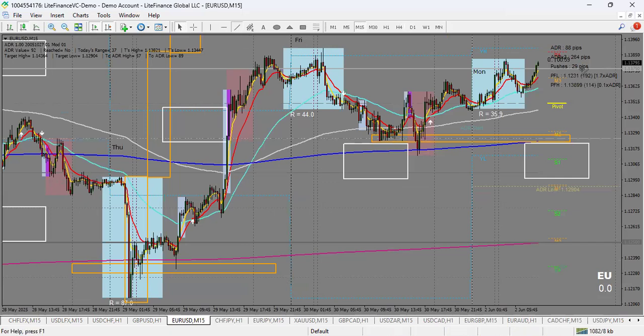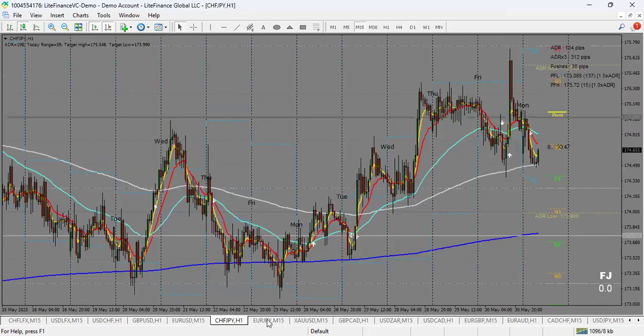If the market retraces to this point and forms a pattern, it would be a very good buy trade for us. So that's our anticipation on EUR USD.